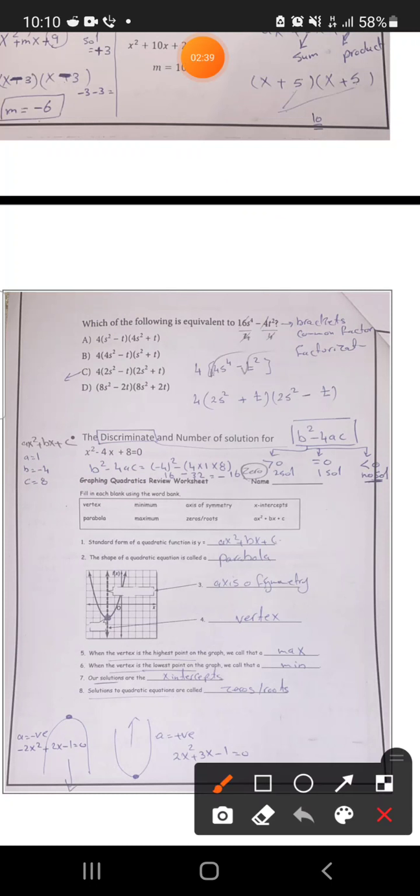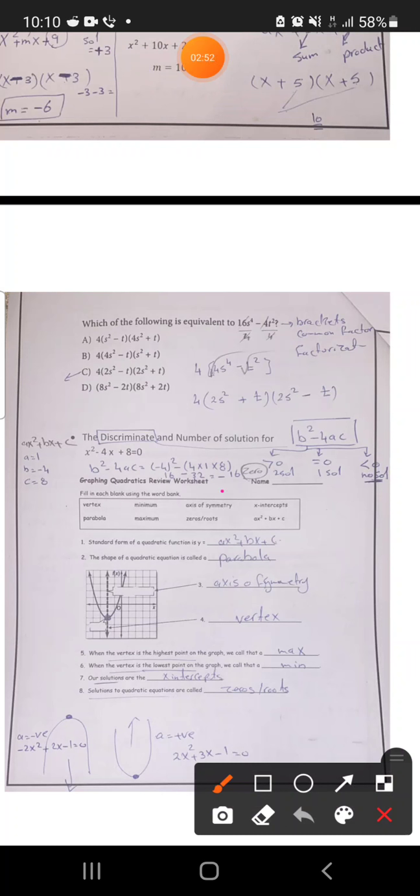Substitute in the rule: negative 4 all squared minus 4 times a times c. 4 times 1 times 8 is 32. So 16 minus 32 gives negative 16. Negative 16 is less than 0, so you have no solution, or 0 solutions.